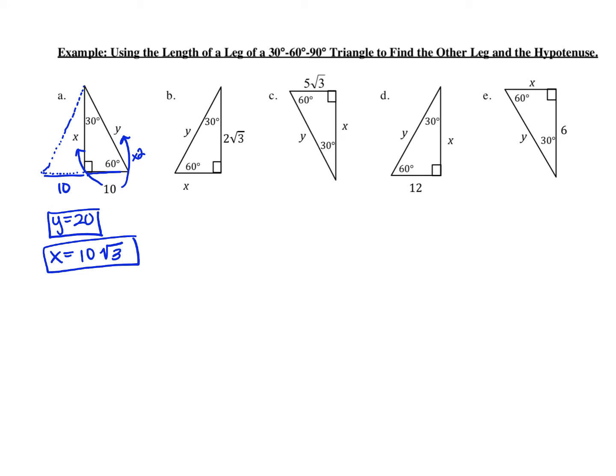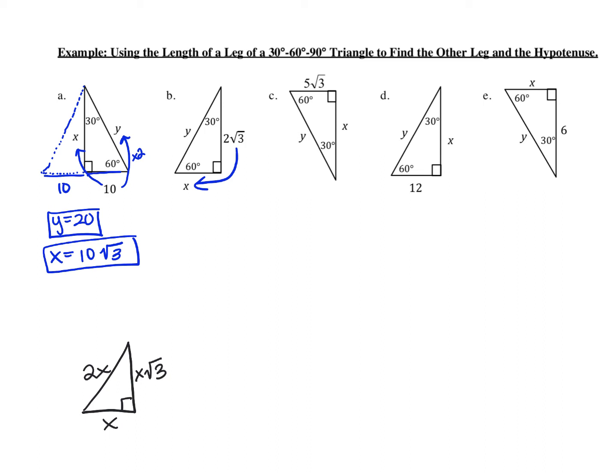So in this next example, letter B, notice that your short side is x, and we're not given the short side, but we need to find the short side first. So we're going to go from that medium side to the short side. If you remember, for our 30, 60, 90 triangles, the short side is always x, the medium side is always x root 3, and the hypotenuse is always going to be 2x, okay?